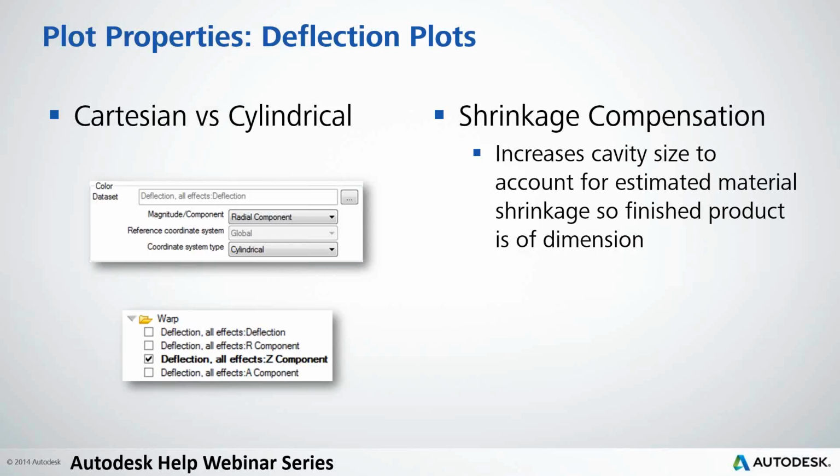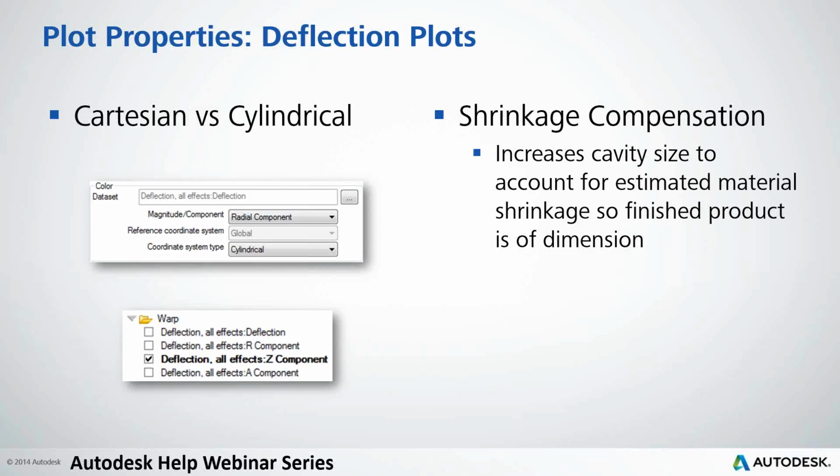So the first one here is I just showcased the option to be able to switch between a traditional Cartesian coordinate system versus a cylindrical coordinate system. And that's basically whenever you have a, say, a round part that you're really looking for how out of center it might be or things like that.